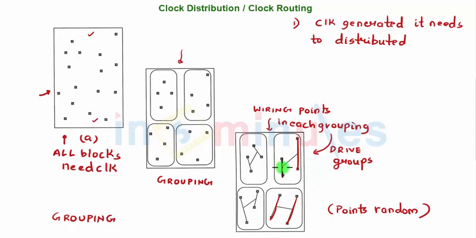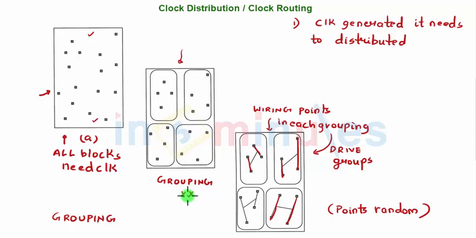So I've tried to internally route all my points such that the clock which needs to drive this group should be able to drive all the groups at the same time. However, you see that I'm not able to achieve complete horizontal, or in this case complete vertical, connections, because all these points are randomly placed. So grouping randomly is not technically going to help us quite a lot.